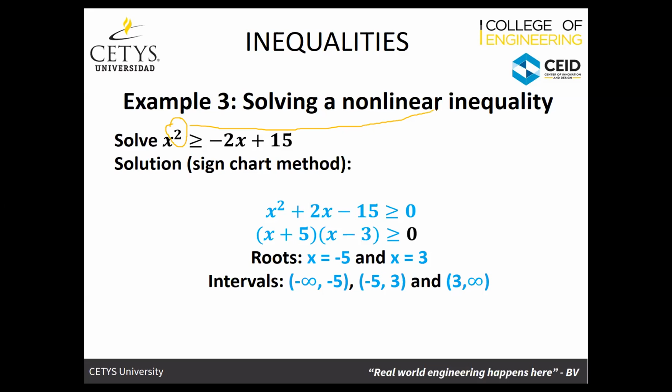If we just had the 2x plus 15, that would be linear. But since we have the variable elevated to a power different than 1, that automatically makes it nonlinear. Therefore, we can't just solve for x the same way we did with the previous 2 exercises. So we have to see a way to solve this.